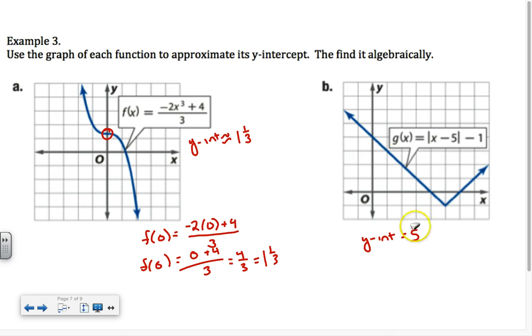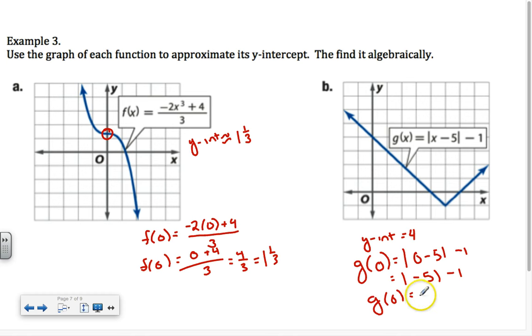The y-intercept is actually going to be at 4. To verify it algebraically, we'll evaluate g of 0, which is the absolute value of 0 minus 5, minus 1. Well, it's going to be the absolute value of negative 5 minus 1. So g of 0 is going to be equal to 5 minus 1, which is 4. So that verifies it algebraically.